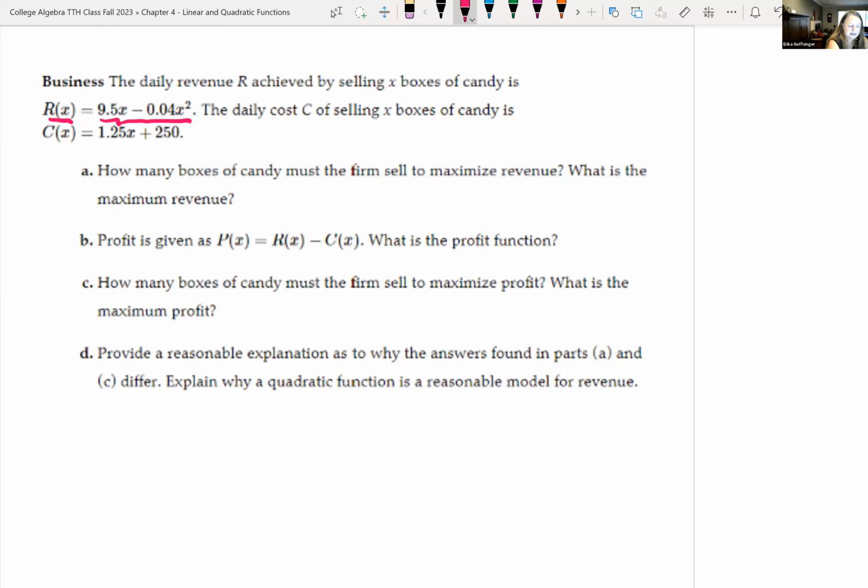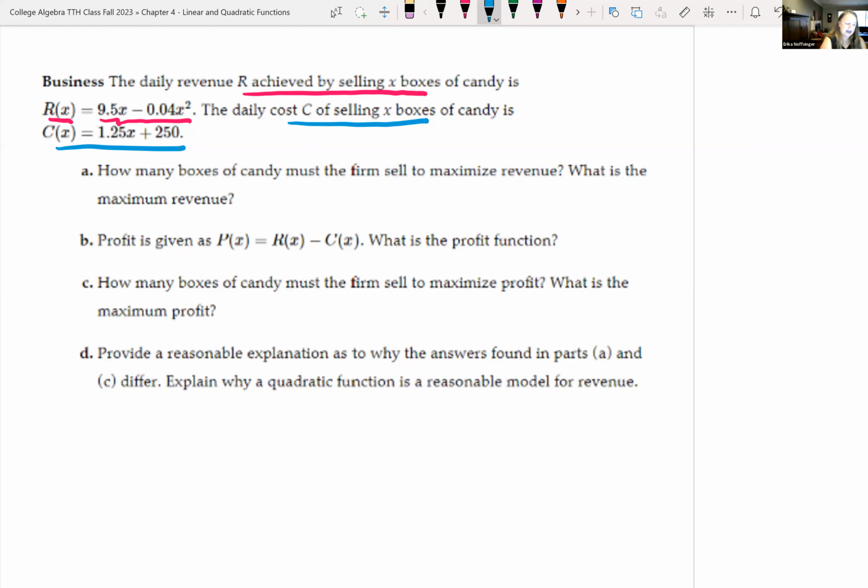Oh, actually, that was the revenue of selling x boxes. But if we want the cost of selling x boxes, the cost is 1.25x plus 250. So how many boxes of candy must the firm sell to maximize revenue? What is the maximum revenue?